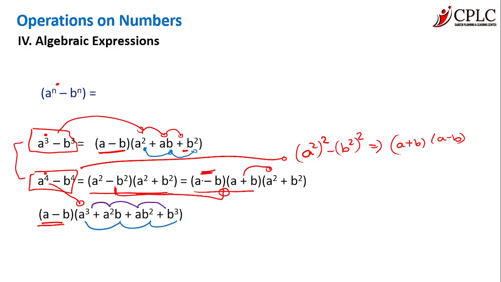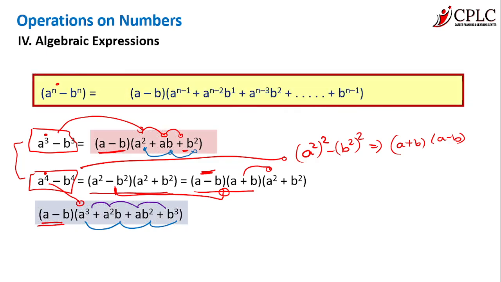So combining all of this, if you want to write down a general formula, it becomes (a minus b), the first bracket, and the second bracket is a raised to n minus 1, b raised to 0, plus a raised to n minus 2, b raised to 1, plus a raised to n minus 3, b raised to 2, and so on.